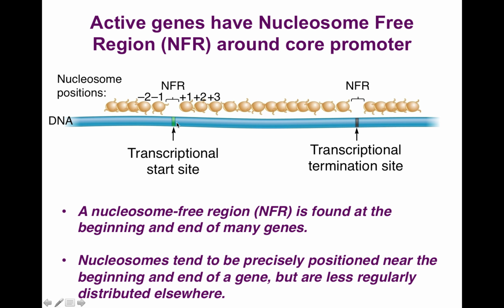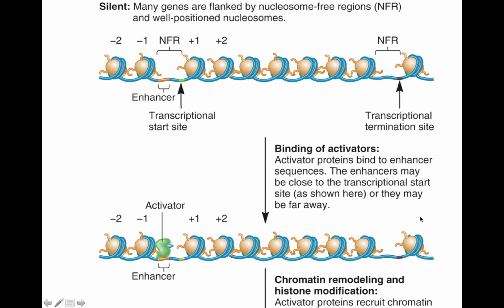Around these nucleosome-free regions, the nucleosomes tend to be precisely positioned, but less so in the middle or outside these nucleosome-free regions. When a gene is silent, there are no transcription factors or active RNA polymerase bound here.